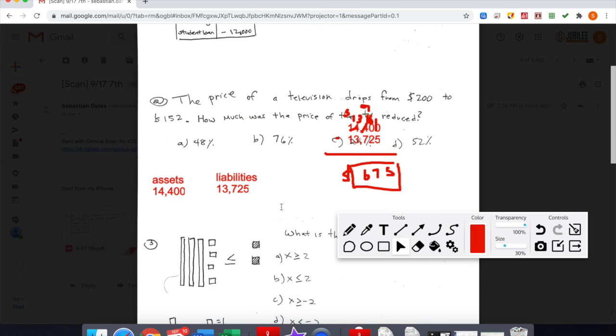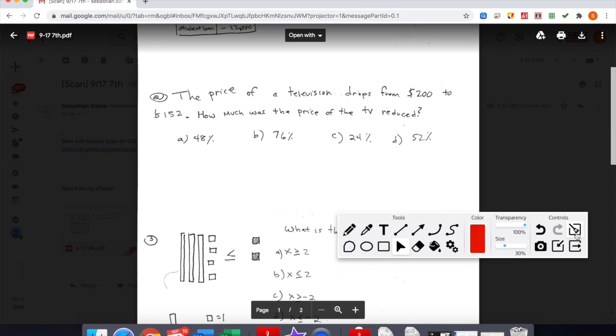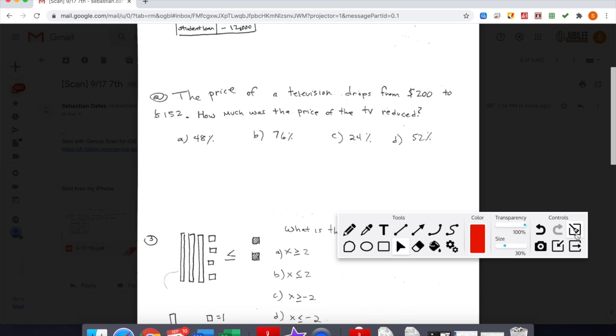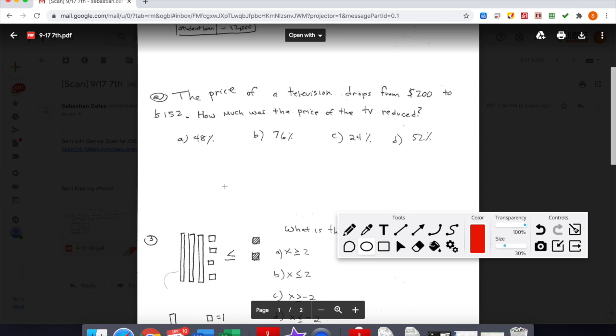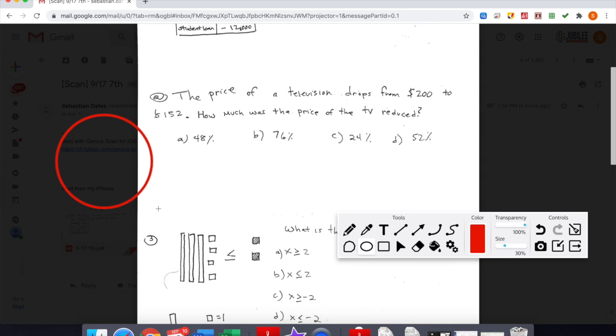So now we're going to go down to question 2. The price of a television drops from $200 to $152. How much was the price of the TV reduced? So I'm going to draw this circle, which is going to represent one whole. What we're finding out isn't how much the person paid. We're finding out how much the price is reduced.